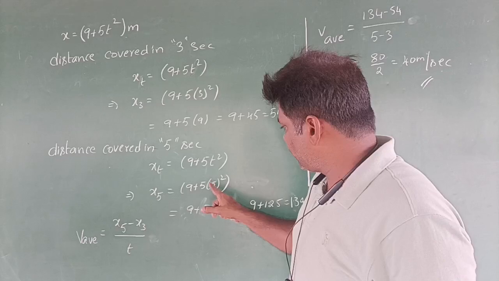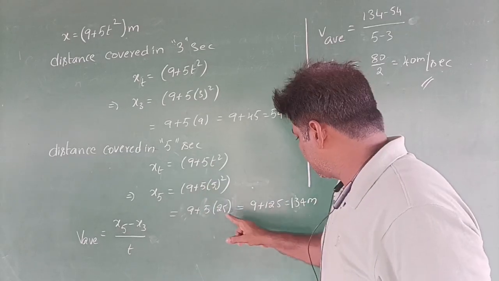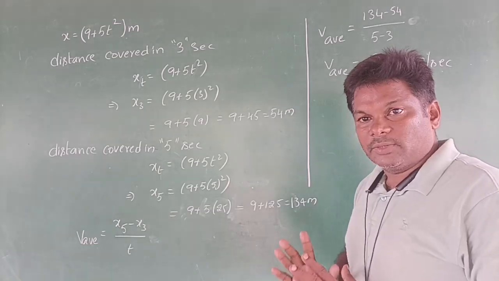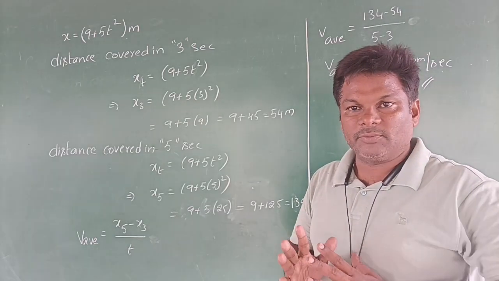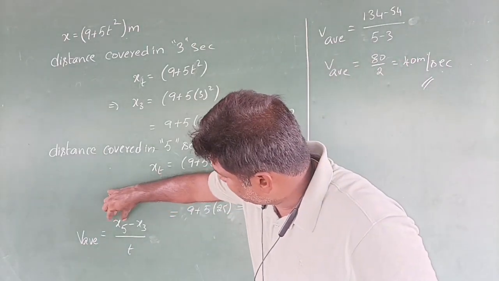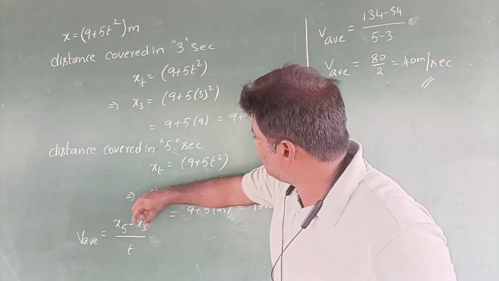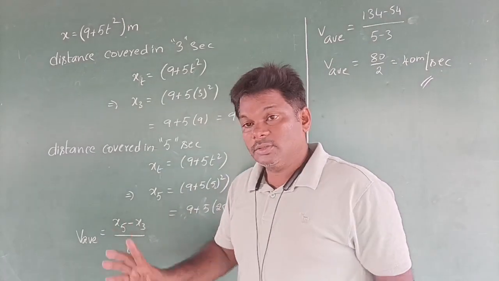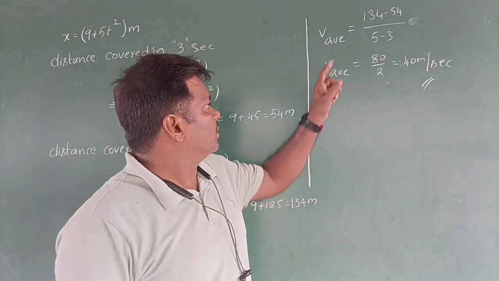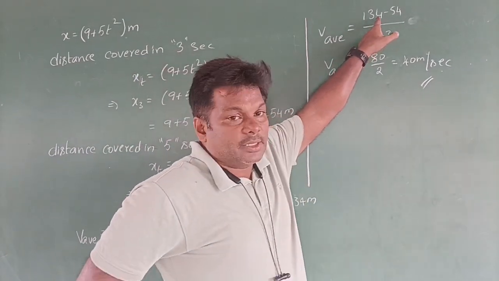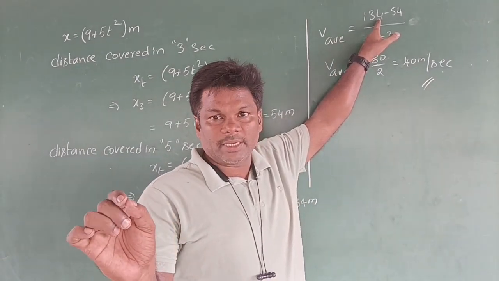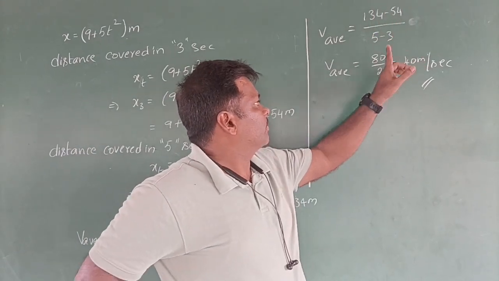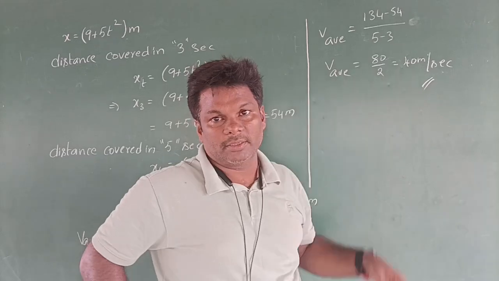By substituting 5 for t, you will get the distance covered in 5 seconds as 134 meters. x5 you got 134 and x3 you got 54, during 2 seconds. Now V average is equal to the net distance x5 minus x3, that is 134 minus 54, that is nothing but 80, divided by 2. Do the calculation here.